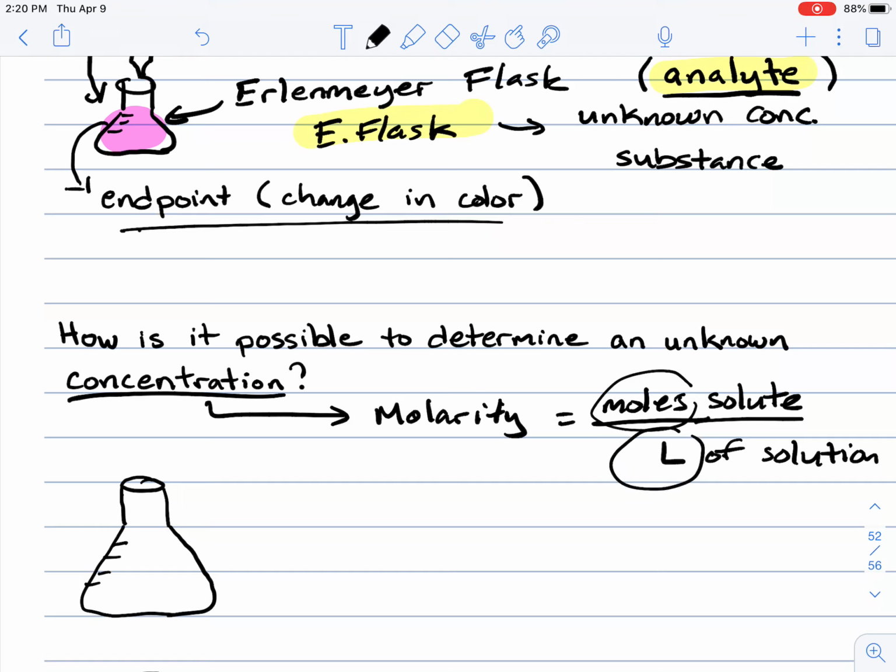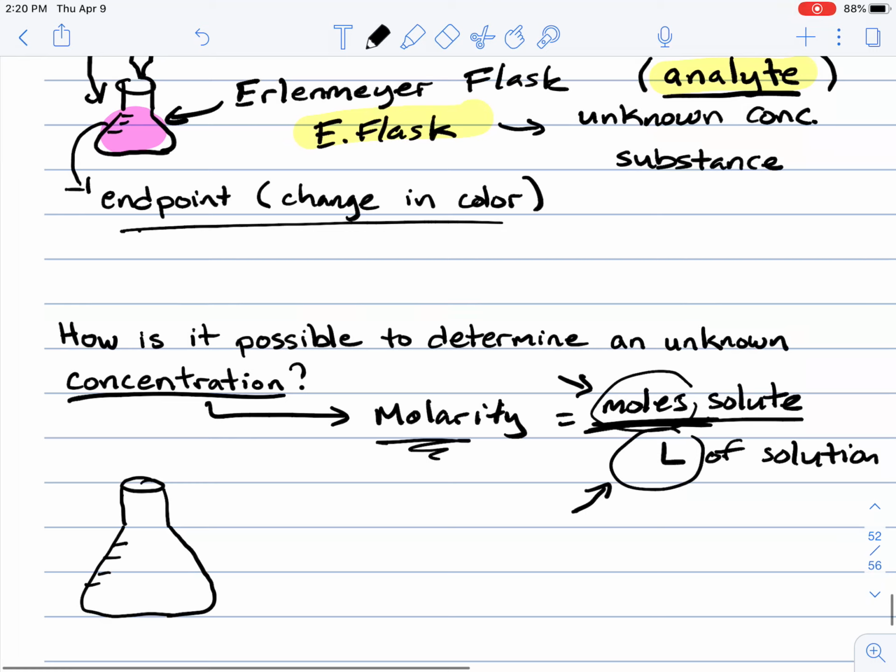If you can determine both of these pieces and divide these numbers together, then you will obtain the molarity of this unknown substance.